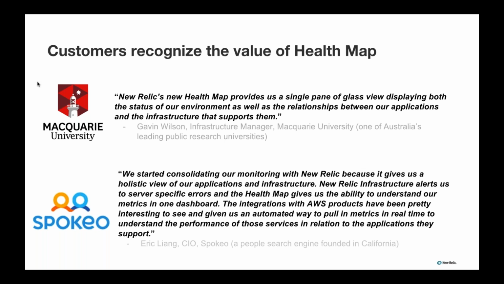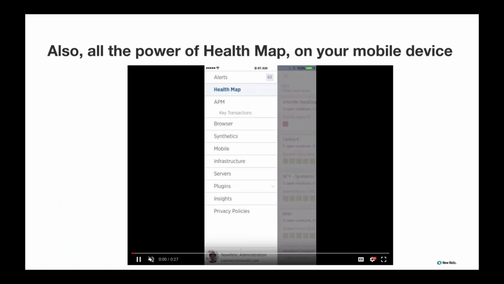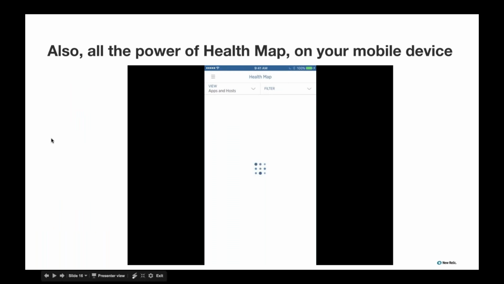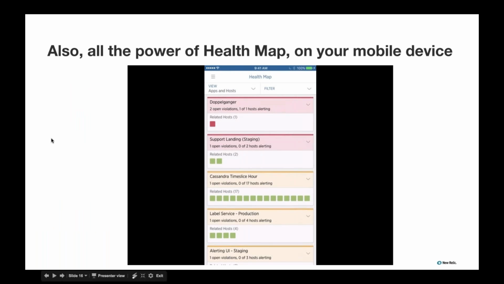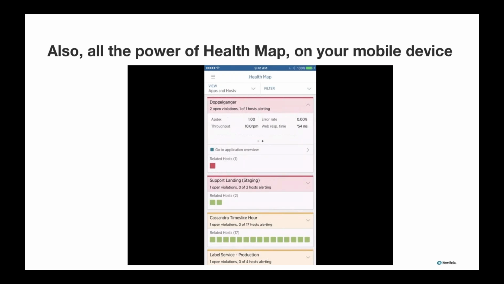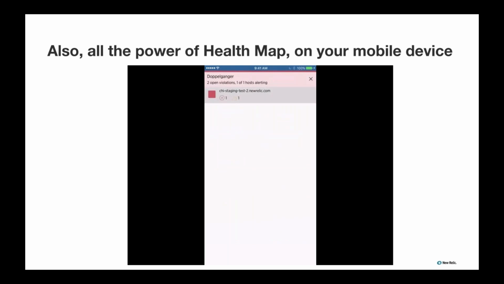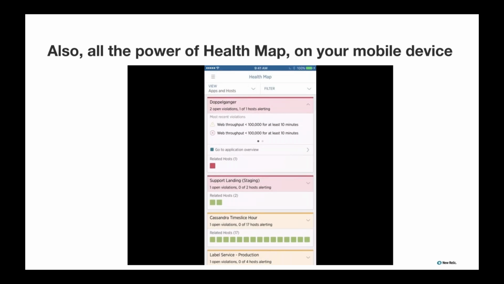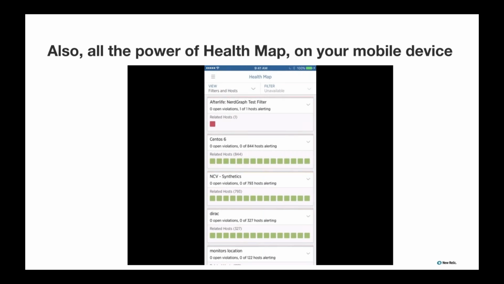All right. So one last thing on HealthMap, and this should start playing. This is a video of the HealthMap feature in the New Relic mobile apps for iOS and Android. So you can actually get this functionality inside that app. It's been specialized because of the different interface to work well in mobile, and you can see a lot of the same data here, same kind of card concept, same kinds of views, filters.